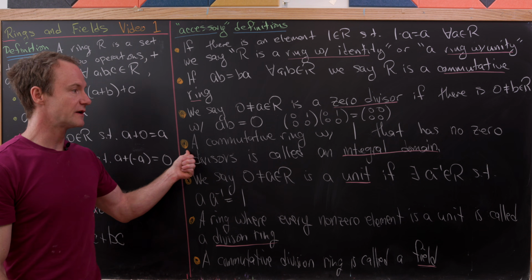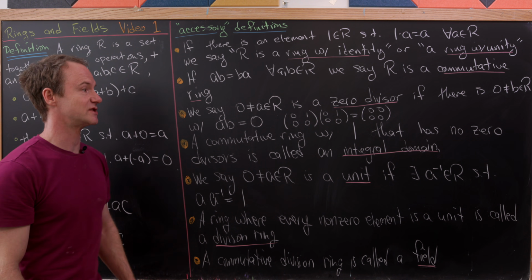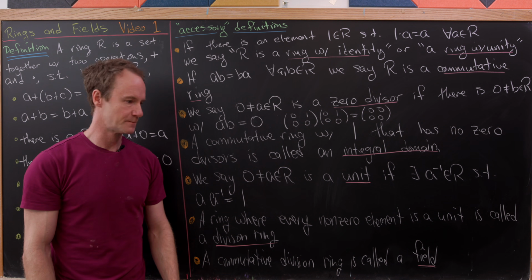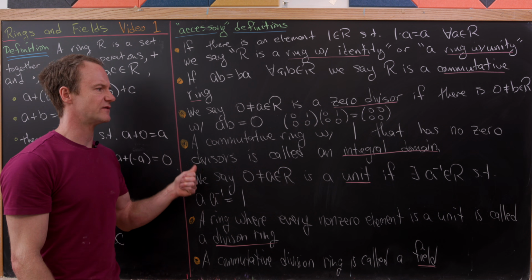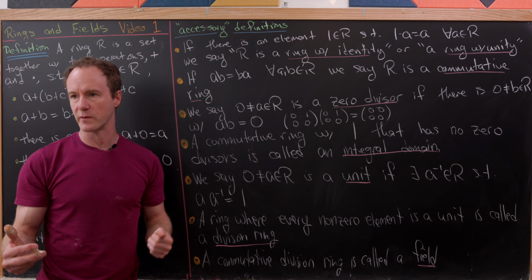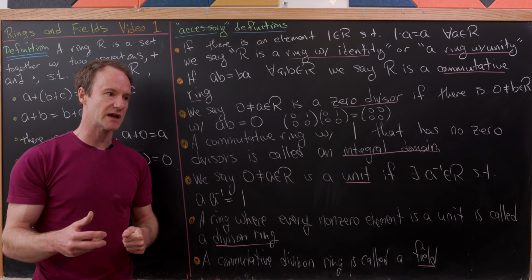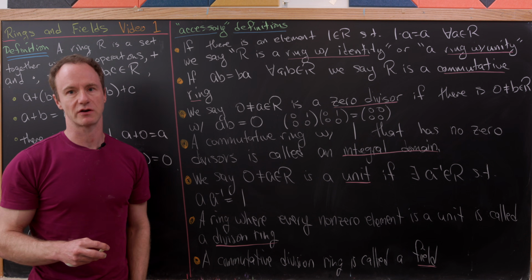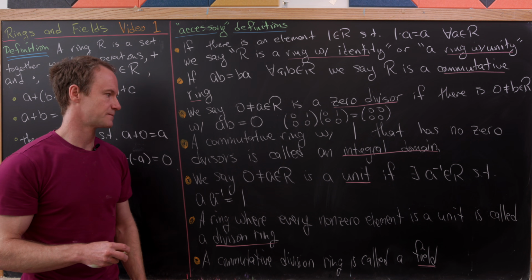Next up, a commutative ring with 1 that has no zero divisors is called an integral domain. And so this notion of an integral domain is really where we can have the most clear kind of thought that this whole thing is a generalization of the integers.